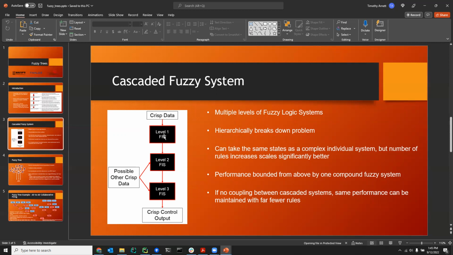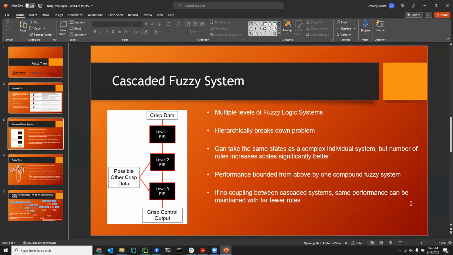This is the most basic architecture possible, where you just have one output getting fed into the next FIS, and then some other potential input data. And then you get a final control output at the end of that. This is by no means the only or typical architecture of a cascaded fuzzy system. You may see multiple FISs with their outputs getting fed into a single FIS at the next layer, and so on. But this is the idea. It hierarchically breaks down the problem.